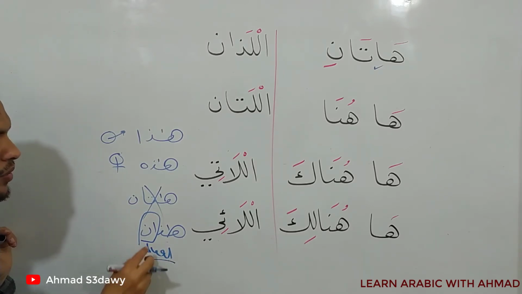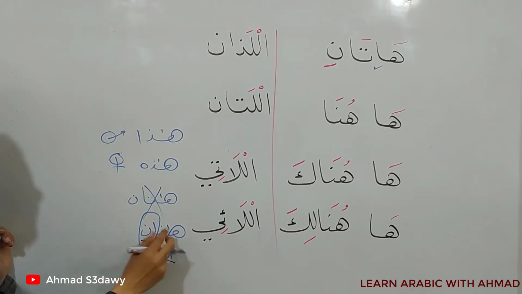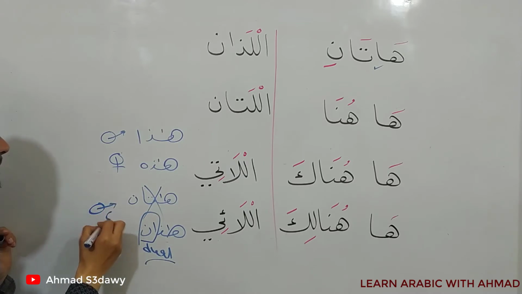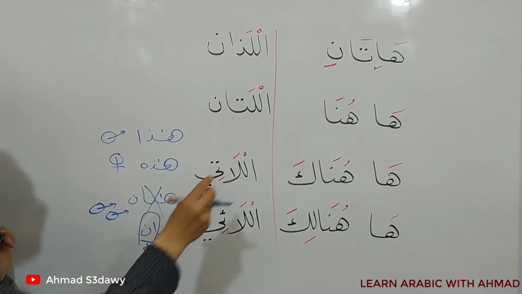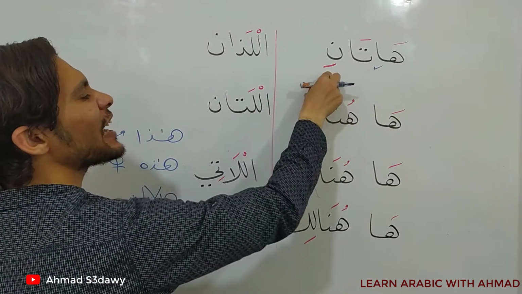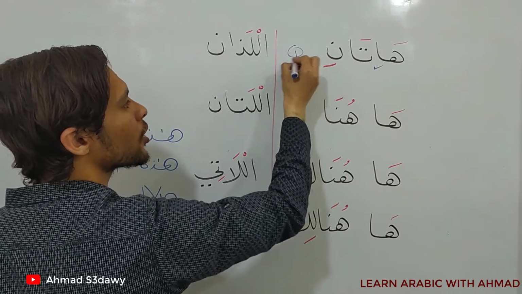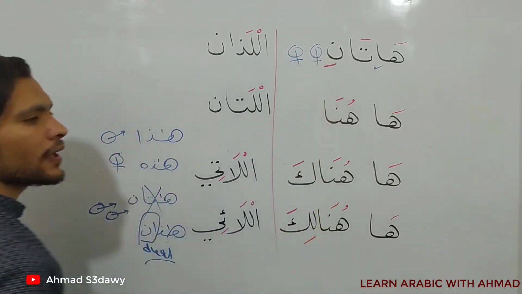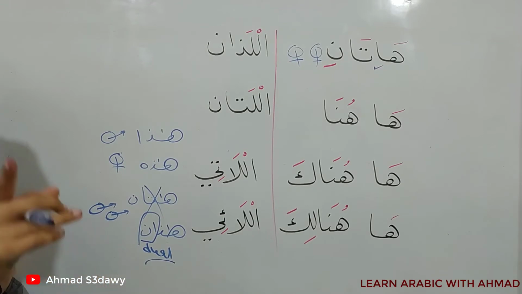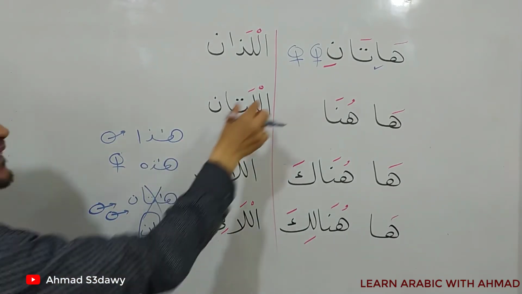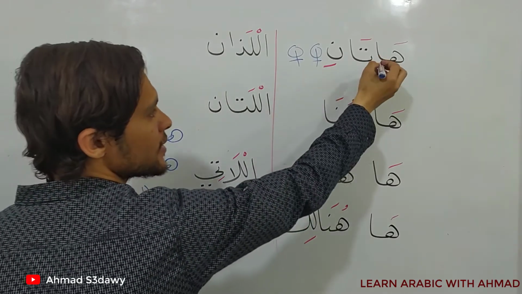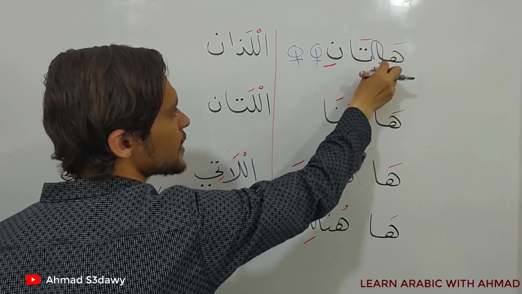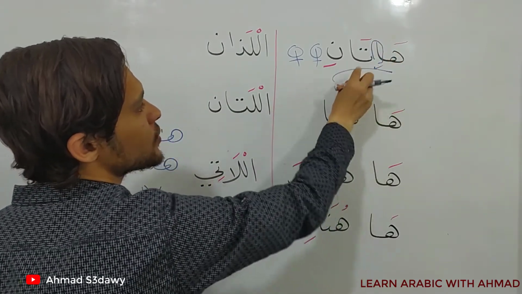And since it's a dual and we say هذان, so it's dual for masculine, okay? And here هاتان, it's dual for feminine, okay? هاتان, pointing at two things or two persons, but they are feminine. So please write the alif and pronounce it with this word, okay?